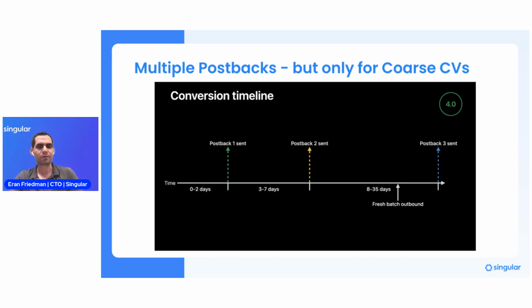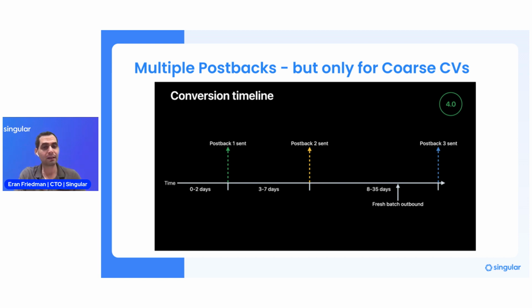Now let's talk about the third and really big impact feature that was announced in SKAN, and basically the entire industry has been really excited about: the multiple postbacks and long cohorts. So the idea is that previously, for every install, you got only 1 postback after basically 24 hours plus a certain timer. So it was a very limited time in which you could encode the value of the user.